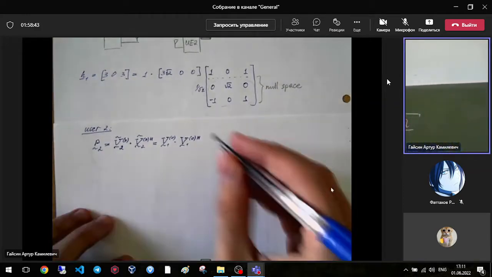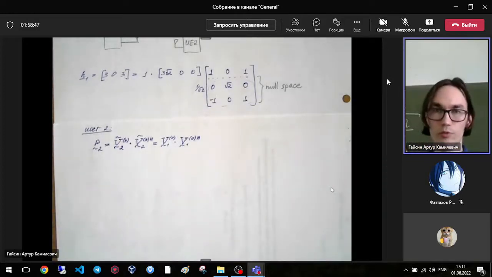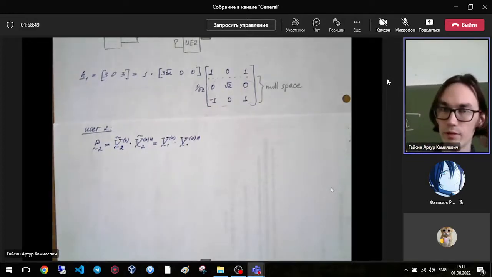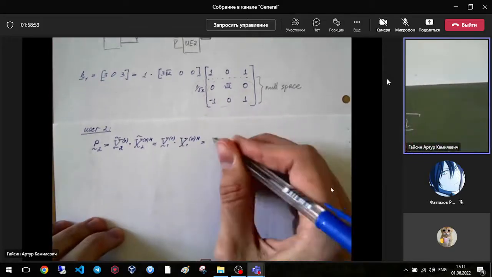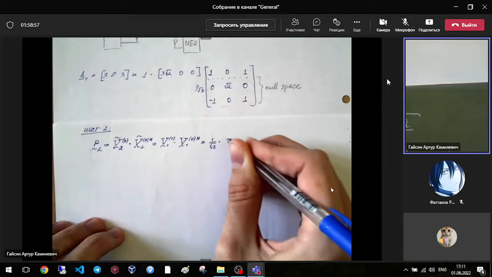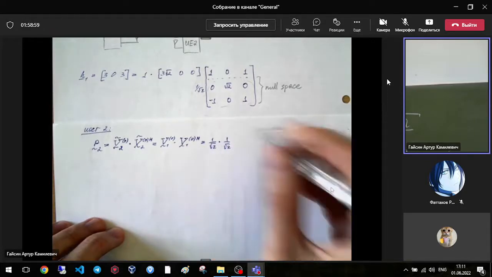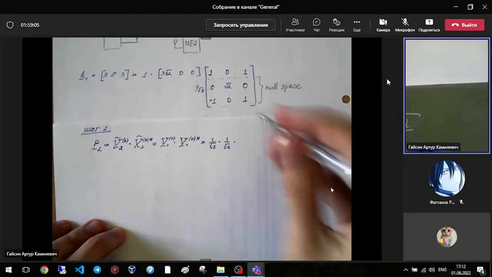So now we can write. I will move both scale factors to the left. So we have here 1 divided by square root of 2 times 1 divided by square root of 2, then multiplied by the first row, but in column version.